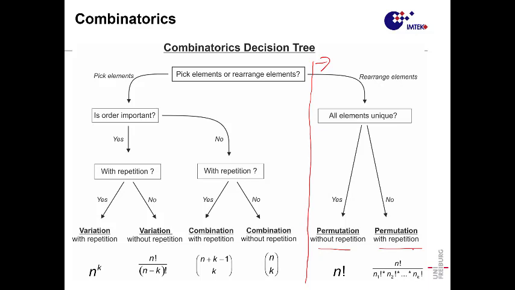I don't ask you that in the exam, but it will be better for you because using your brain is always better. So depending on that, you will have n factorial, or n factorial divided by the factorial of each of the element counts. You can see here that this is because they are not unique.